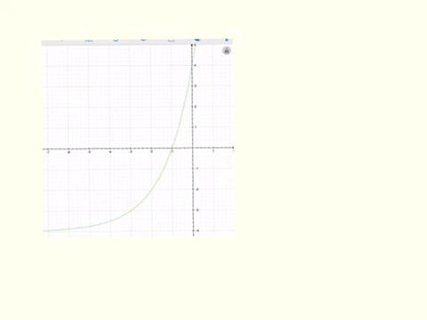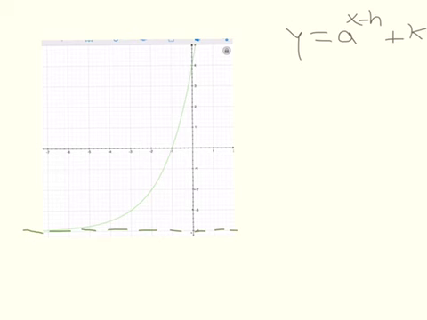The second function, if we sketch it, the horizontal asymptote is at -4. So our function, which should be y equals a to the x minus h plus k, will have that k equals -4, counting 1, 2, 3, 4. So y is going to be equal to a to the x minus h minus 4, because we move according to the x-axis 4 units.